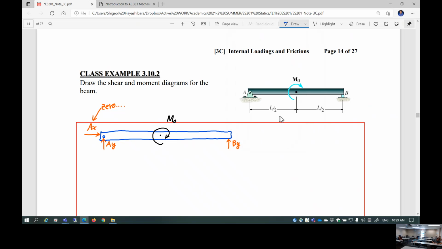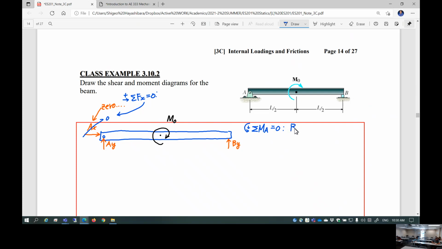Next is obviously summation of moment at A set equal to 0. We already did summation of the force in x equal to 0, which gives you this conclusion: Ax is 0. So next step is summation of the moment at point A set equal to 0.